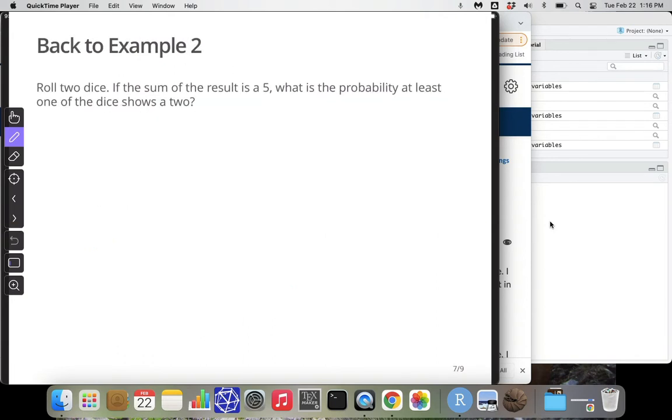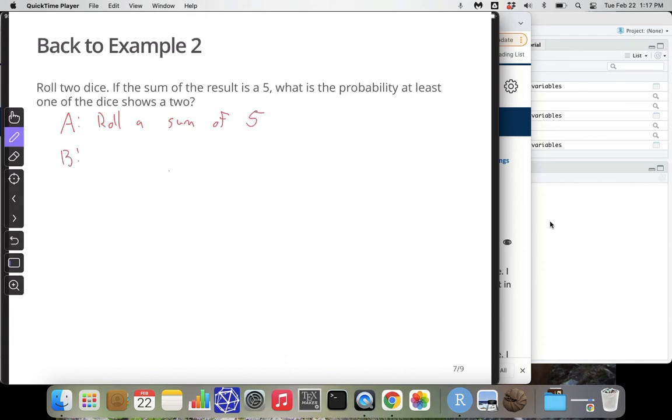All right, let's go back to the die example. We want to roll 2 die. We want to find the probability that at least one die shows a 2, given that the sum of the result is a 5. Now, let's label some events here. So we have our event A. This will be a roll a sum of 5.